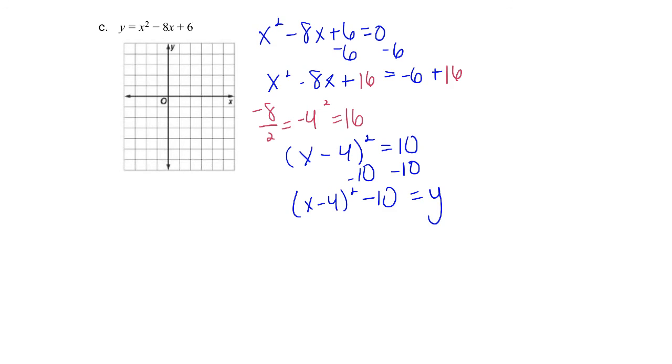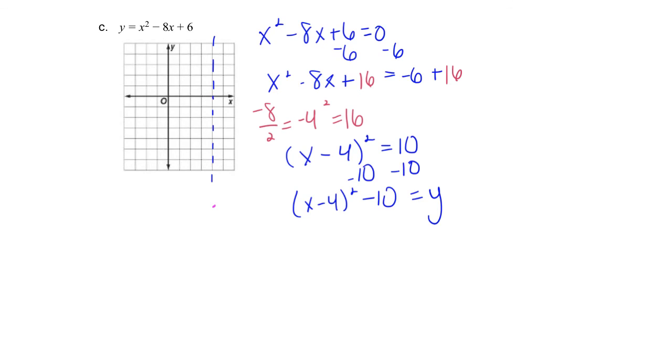Now we can graph. 4 is our axis of symmetry. 1, 2, 3, 4. Our vertex is at negative 10. 1, 2, 3, 4, 5, 6, 7, 8, 9, 10. Way down here.